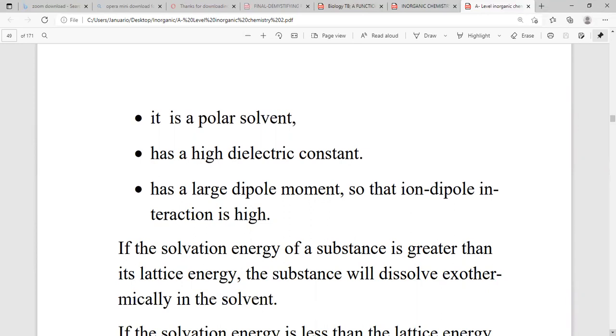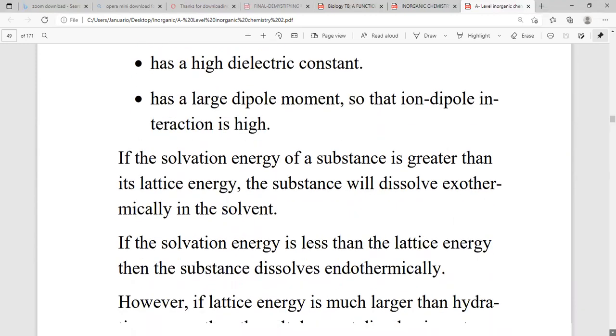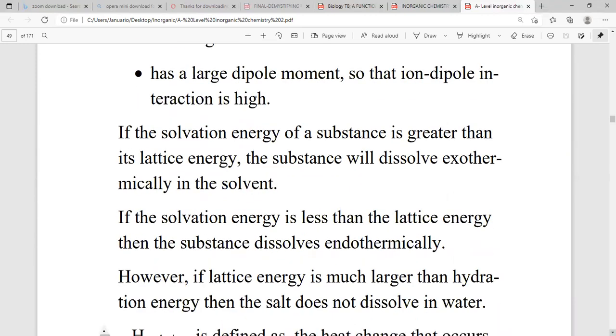If the solvation energy of a substance is greater than its lattice energy, then you expect the substance to dissolve exothermically in the solvent. That is, look at the lattice energy having a positive value, and then look at the hydration energy having a negative value.